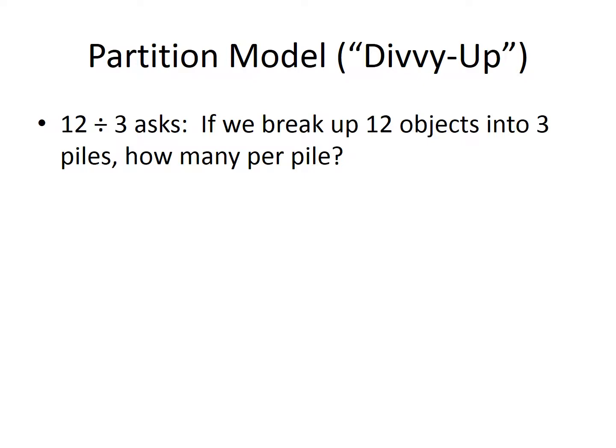The partition model. 12 divided by 3 asks, if I break up 12 objects into 3 piles, how many in a pile? In measurement, we take piles of 3 and ask how many piles there are. So measurement, how many piles are there? Partition, I know how many piles, how many in each pile. There's the difference.